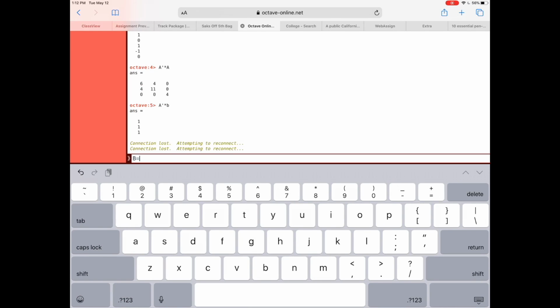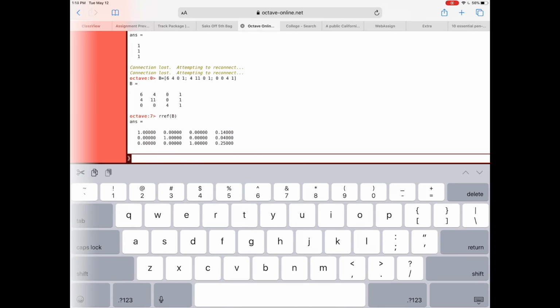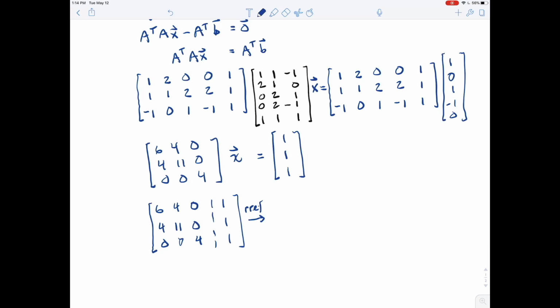I'll just call it matrix B. And then we want the RREF of B. The RREF of this matrix ends up being 1, 0, 0, 0.14, 0, 1, 0, 0.04, and then 0, 0, 1, 0.25.